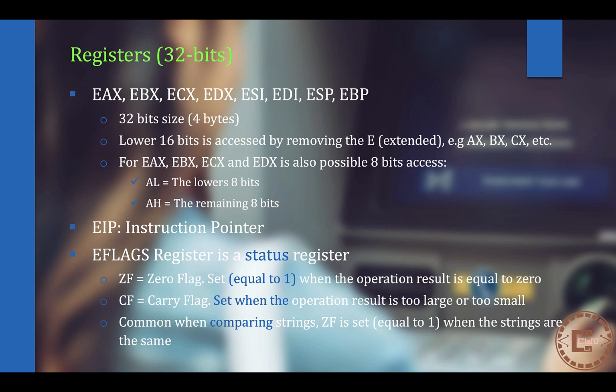You compare them, they are the same, so the zero flag is going to be 1. Then the CPU is going to say, after the comparison, what is the zero flag? It is 1. Oh, that means EAX and EBX are the same. That's the way those flags are used, okay?